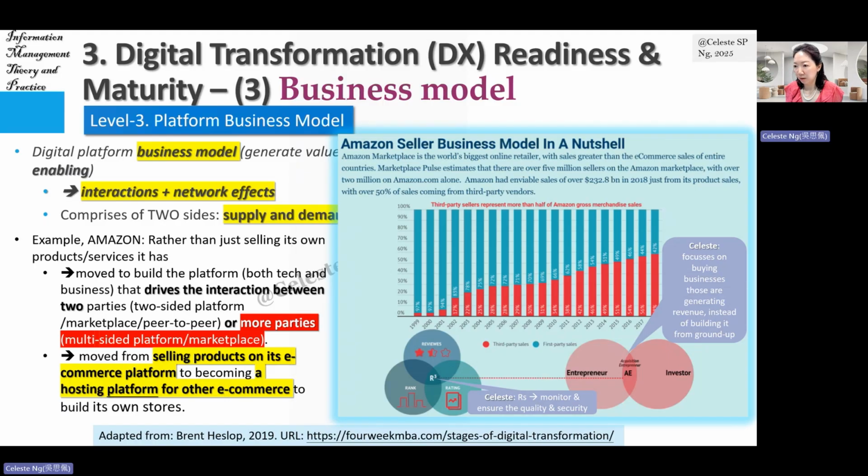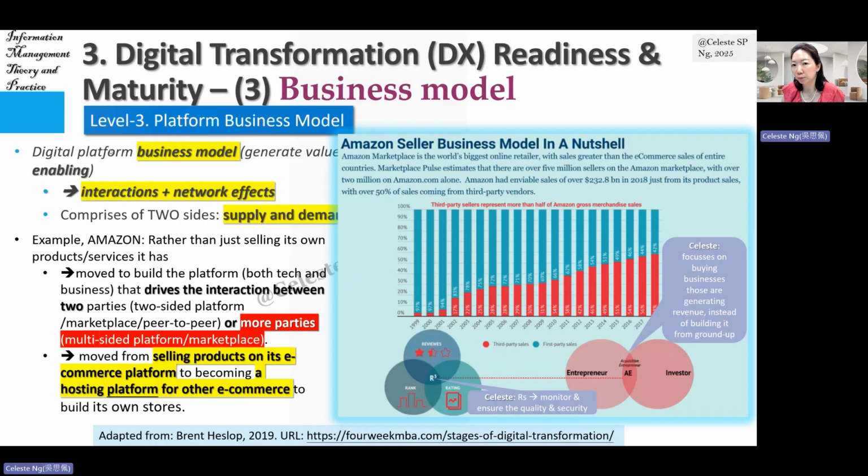All right. When the buyer perceives that the Amazon platform is able to provide more product variety, and is able to buy product at a much cheaper price, then more buyers come in. When more buyers come in, then more third-party sellers want to be Amazon's business partner, right? So this will allow the Amazon digital platform to grow from time to time.